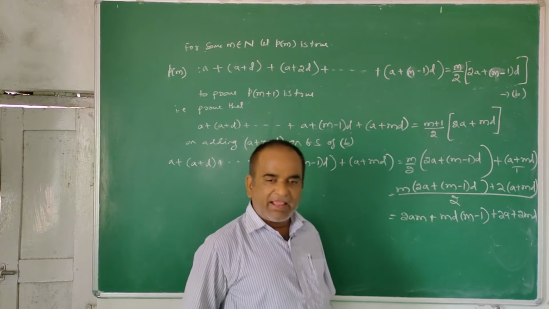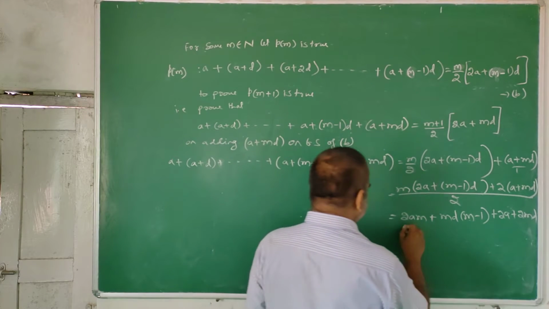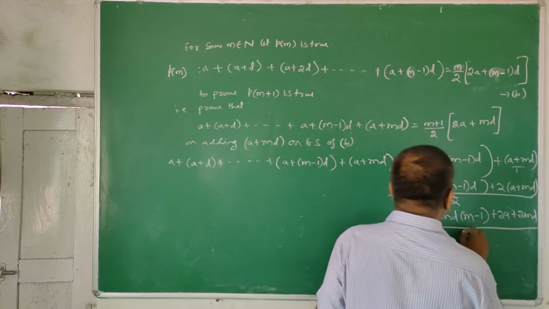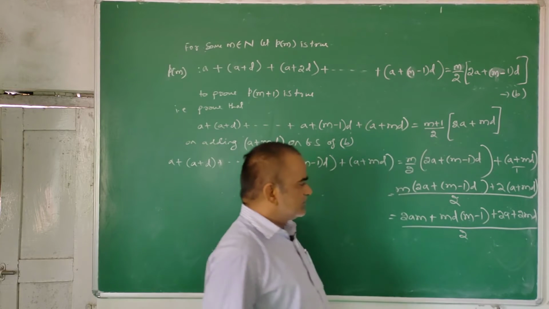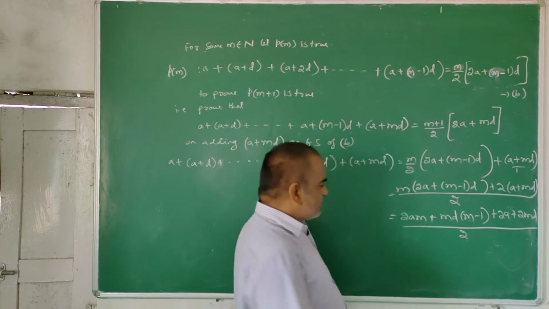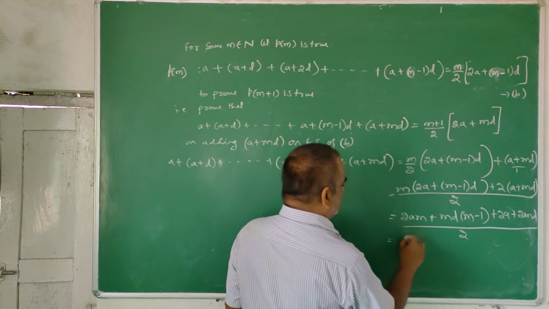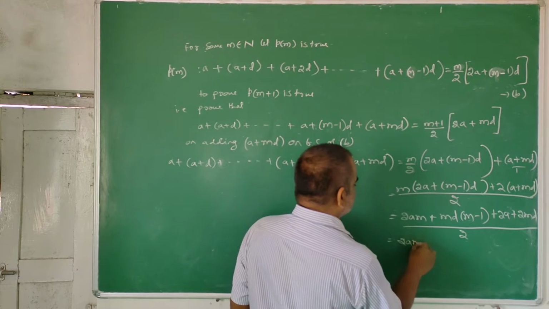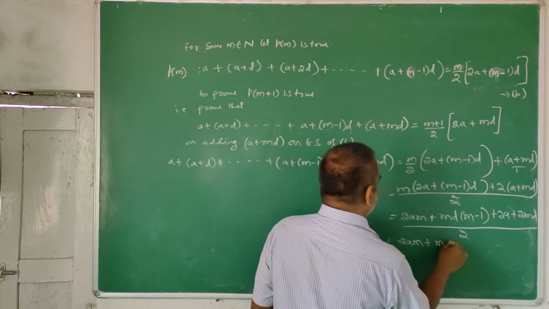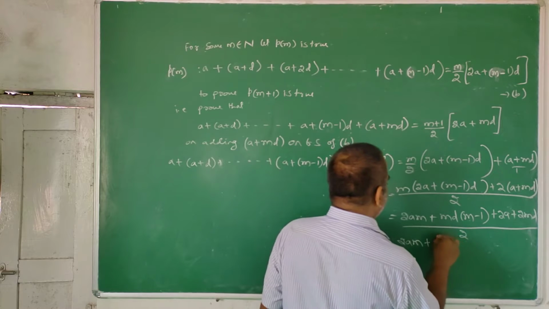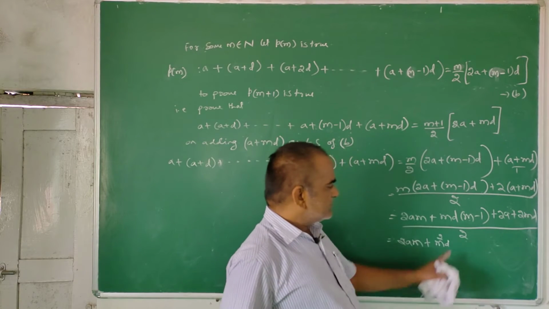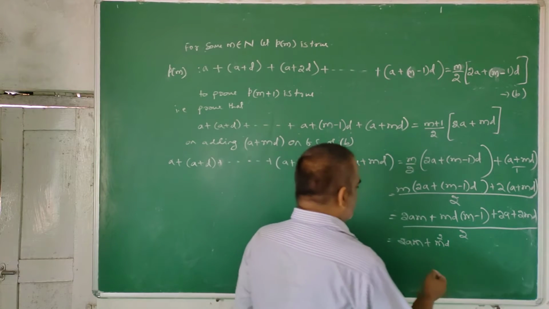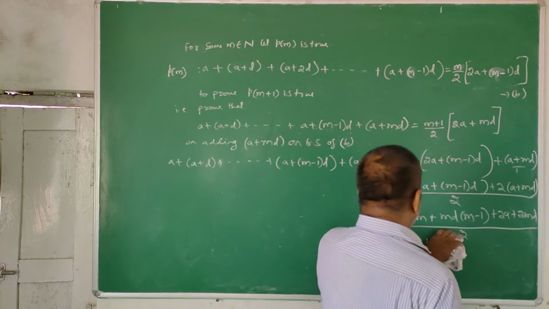I opened the brackets, all by 2. So now this is equal to 2am plus md into m, that is m square d. Or else you can do one thing.